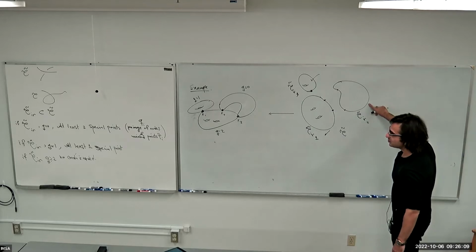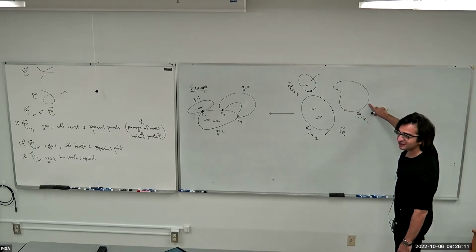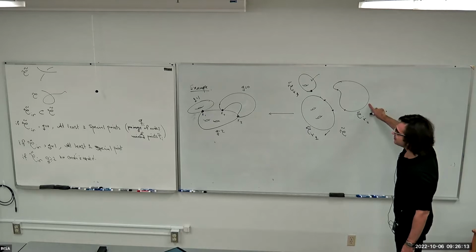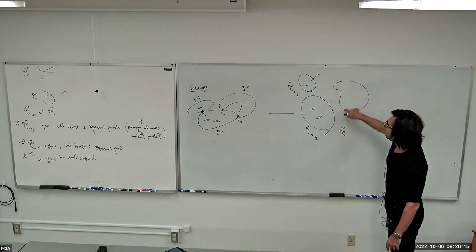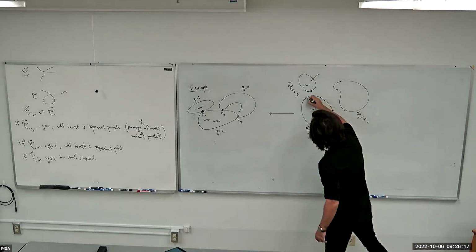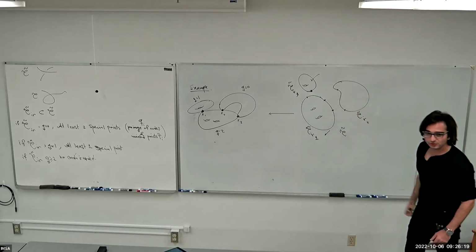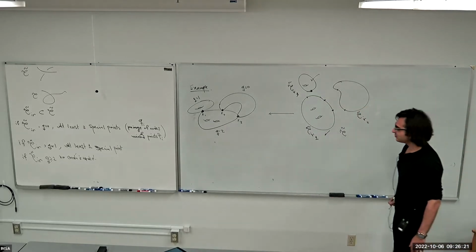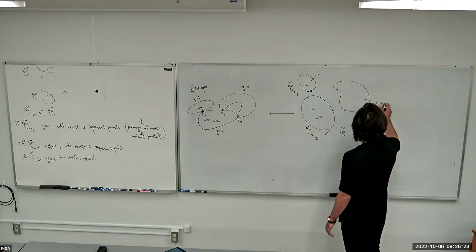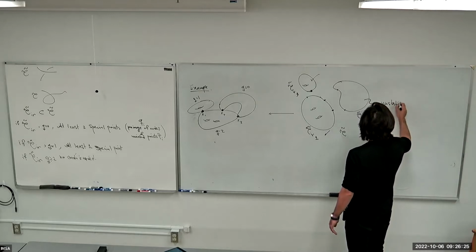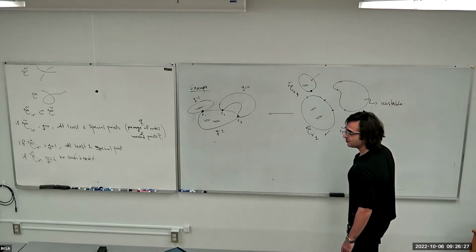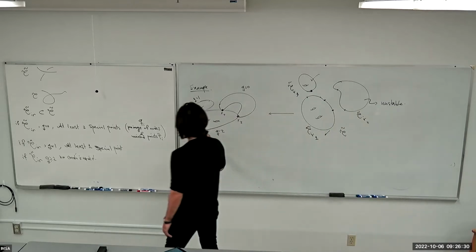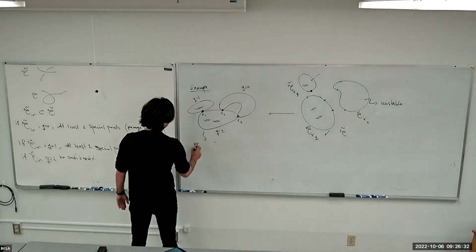This one is a genus 0 component and needs to have at least 3 special points, but it doesn't. You can see the pre-images of the 2 nodes, but you cannot see anything else. So this thing is unstable, which implies that this original singular curve is also unstable.